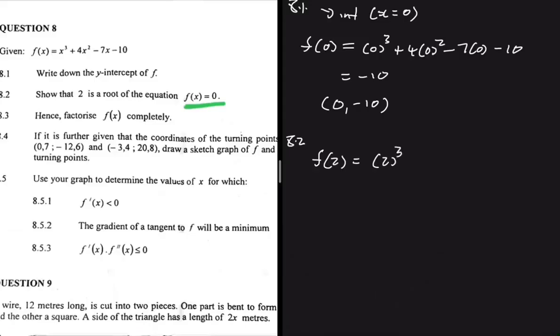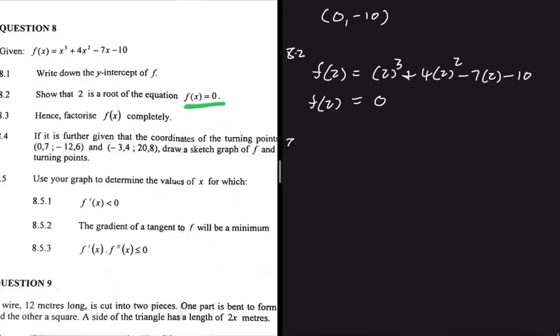The question is saying let's show that, so we already know it is supposed to be true, but we still need to write it down so that we can actually show it. Plus 4 multiplied by 2 to the power 2 minus 7 multiplied by 2 minus 10. If you put that in your calculator, you should get that f when x equals 2 gives you 0, right? So that is a root of our equation f of x.